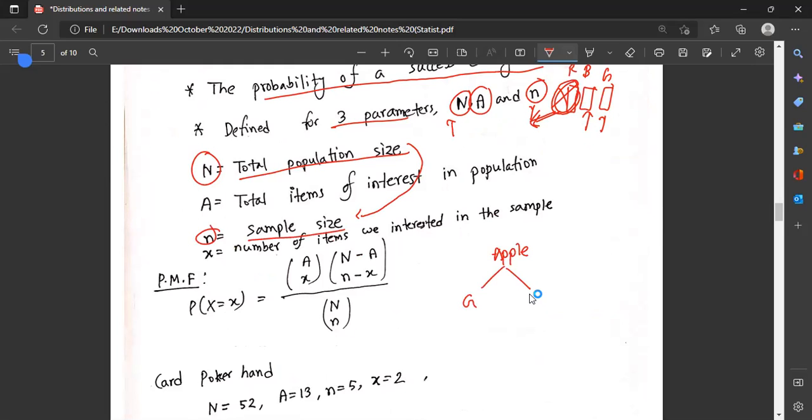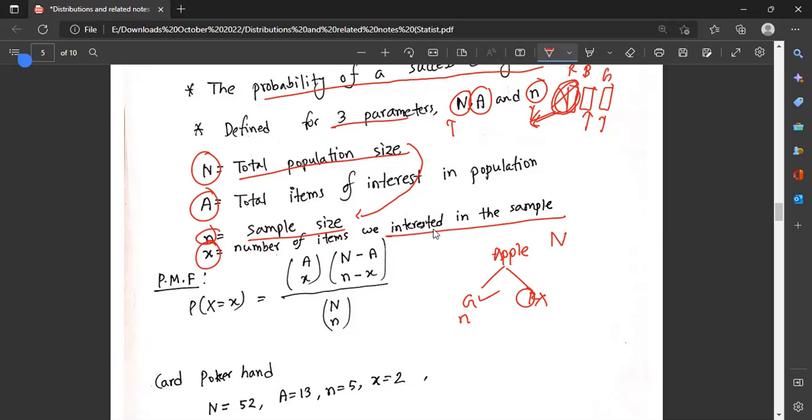You don't take the red apples, okay? So here the green apples, that is small n, and the number of all apples, that is capital N. So capital N is the total population size, small n is the sample size, and a is the total items of interest in the population. And here x is the number of items we are interested in within the sample.